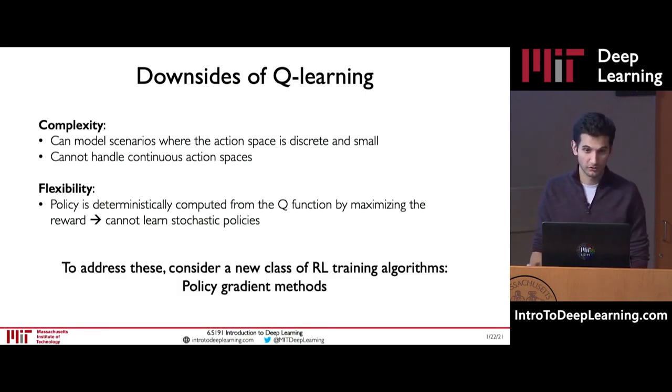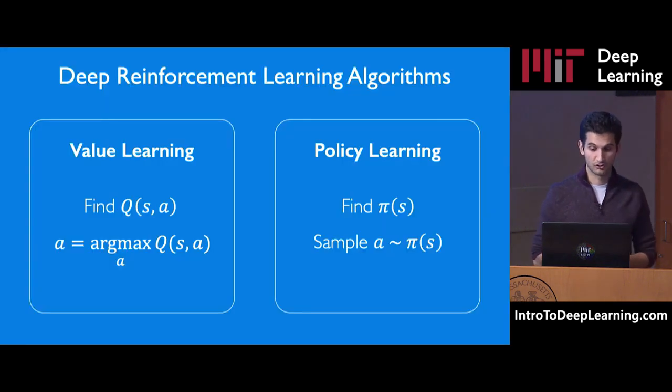So to address both of these issues, we're going to have now the second part of today's lecture, where we're going to consider a different class of reinforcement learning algorithms, which are called policy gradient methods. Now, just as a recap, we already saw what value learning was, where we tried to first learn the Q function and then extract actions based on maximizing our Q function.